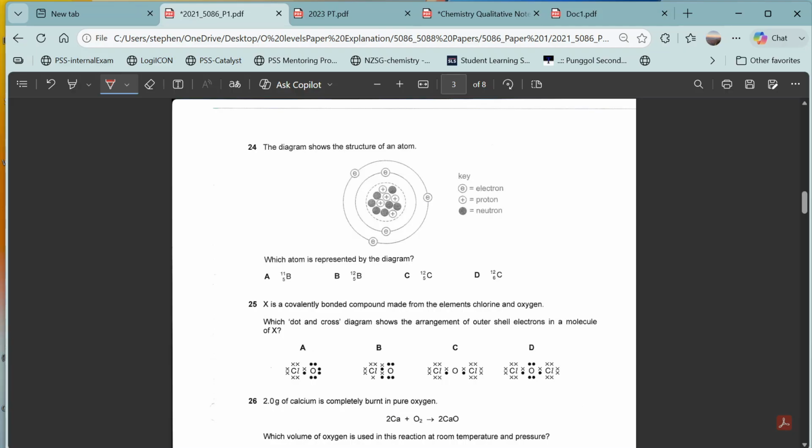So 5 protons. How many neutrons do we see? 1, 2, 3, 4, 5, 6, 7. So 5 protons, 7 neutrons means 12, right? So the mass number is 12. So the top number represents the mass, so the answer is B.